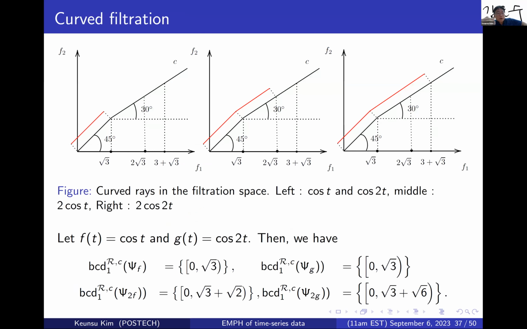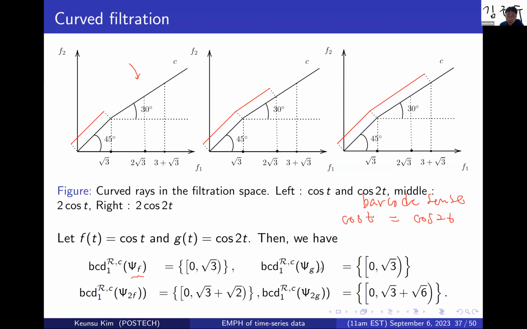And we also propose the curved filtration like this, a piecewise linear curve. In this case, in the barcode sense, cosine t equals cosine 2t.